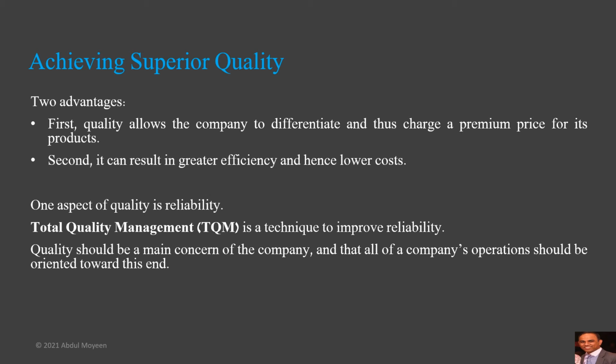Now, quality can be seen from two perspectives. One is quality as reliability, and the other one is quality as excellence. Now, how can a company attain superior reliability? The principal tool that most managers these days use to increase the reliability of their product offering is the Six Sigma quality improvement methodology.